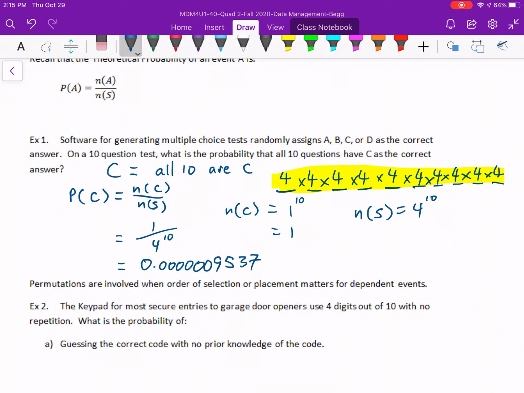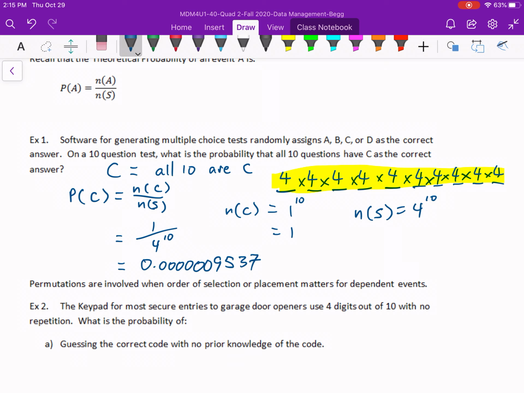So that is a very small probability indeed. And if we want to make it into a percent, we could just move the decimal place 2 to the right and call that a percent. But whether we think of it as a decimal or as a percent, we can tell that it's extremely unlikely that all 10 questions are going to come up as C.